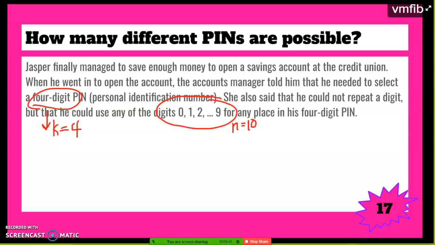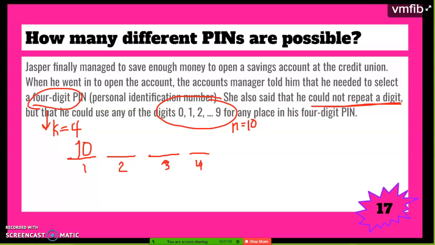So how do we do it with the decision chart? First digit, second digit, third digit, fourth digit. How many different possibilities are there for the first digit? There are 10. I am not allowed to repeat a digit. So once I have used the first digit, it cannot be used any longer.